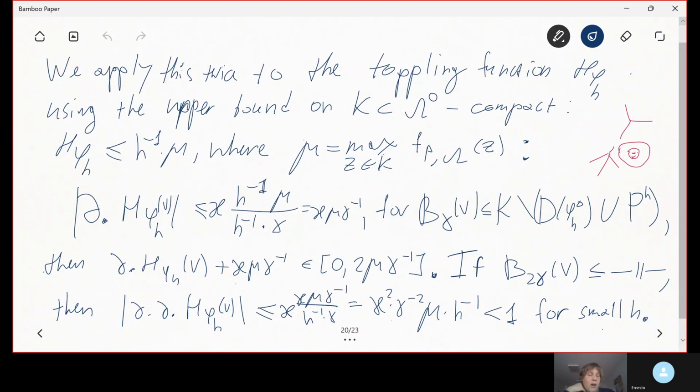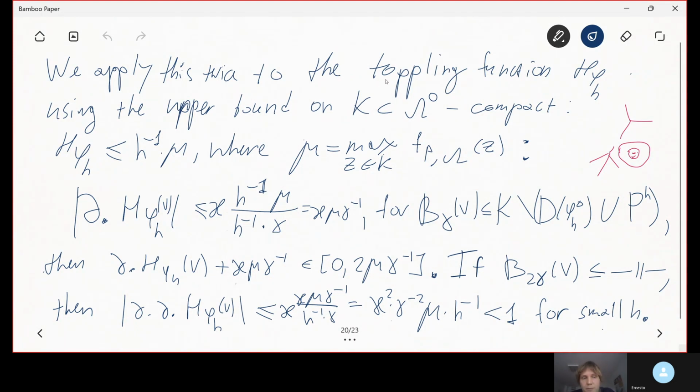So now, we apply this theorem twice to the toppling function of our perturbed state. First, let me recall that in this statement, your function is supposed to be non-negative, and our toppling function is always non-negative.